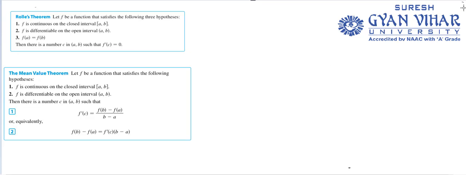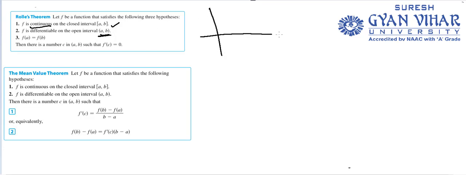Rolle's theorem states that if we have a function f, and f is a continuous function in the closed interval a to b, and f is differentiable on the open interval a to b. What does this closed interval mean?